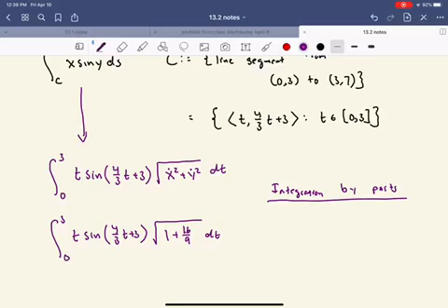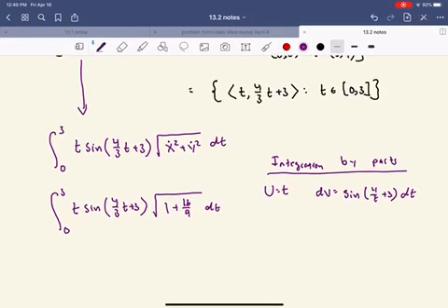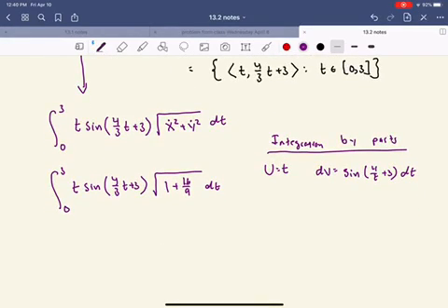So to do integration by parts, I would let u equal t, dv equal the sine of 4/3 t plus 3 dt. Let me simplify this just a little bit first. 1 plus 16 over 9 is 25 over 9, right? The square root of that is 5/3, so I would have 5/3 out front. The reason I'm doing that is I just don't want that to be part of my integration by parts.